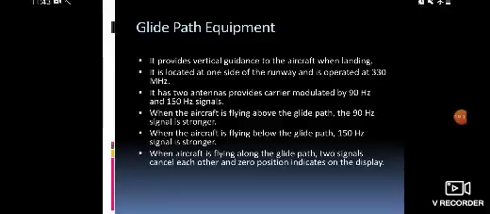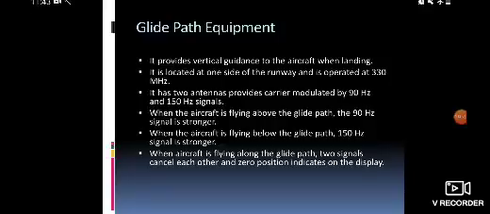And the next one is glide path equipment. What is its use? It provides vertical guidance to the aircraft when landing, and it is located at one side of the runway. It is operated at 330 megahertz, and it has two antennas providing a carrier modulated by 90 hertz and 150 hertz signals.